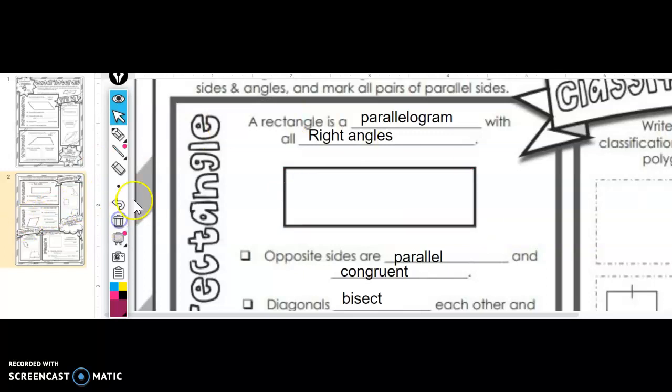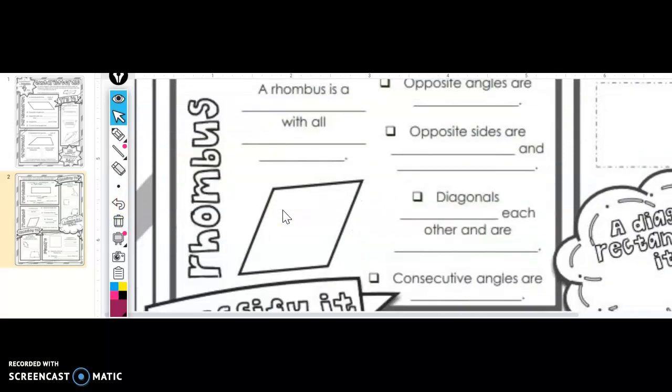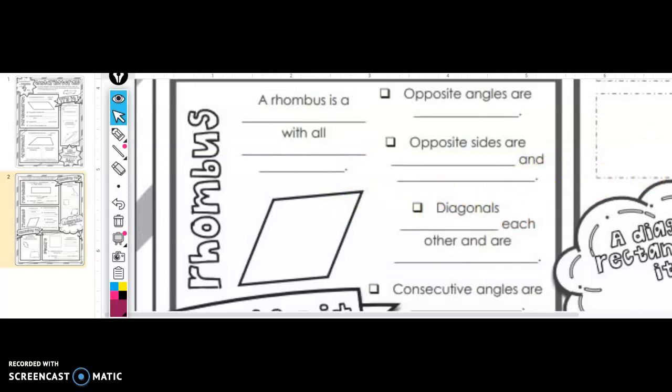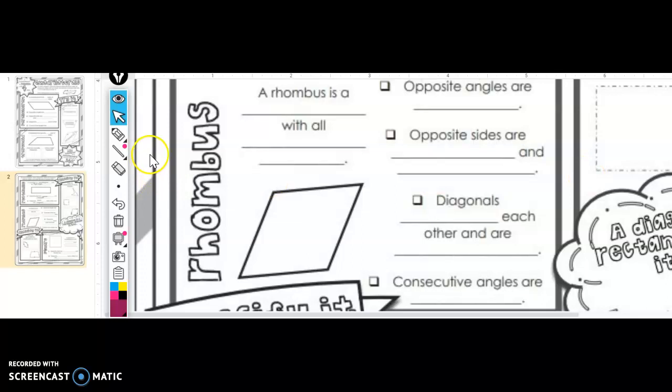Okay, so I'm going to scroll down to the rhombus. Let me see if I can scroll up just a little bit so I make sure I get everything in there. Okay, so a rhombus is a parallelogram, and this time it has all congruent sides.